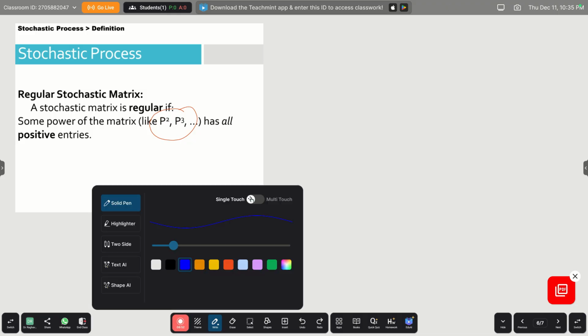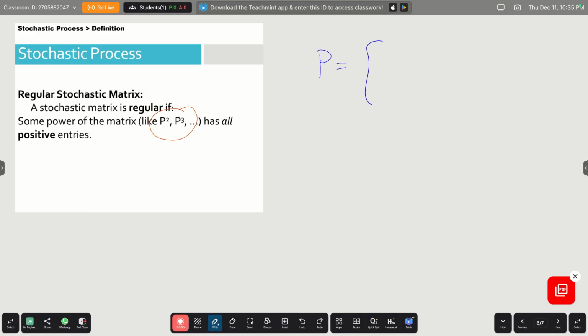So I'll take matrix P is equal to 0, 1, 1 by 2, 1 by 2. So the question is, is this a regular stochastic matrix? First of all, it is a stochastic matrix because the sum is 1: 0 plus 1 is 1, and half plus half is also 1. Okay, that's clear. This is a stochastic matrix. The question is, is it a regular stochastic matrix or not?